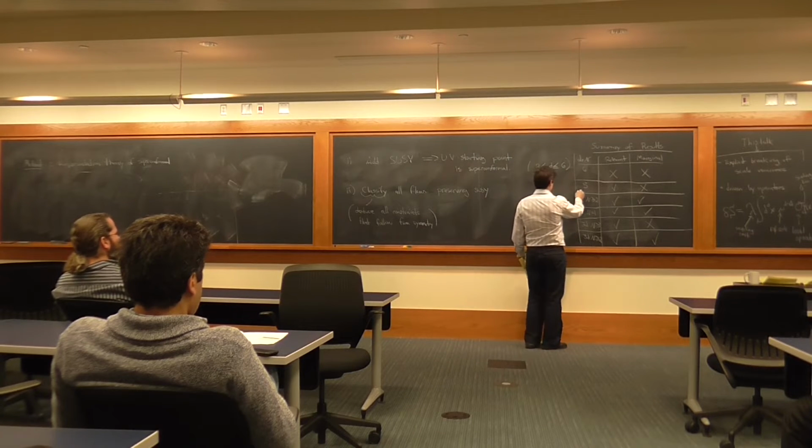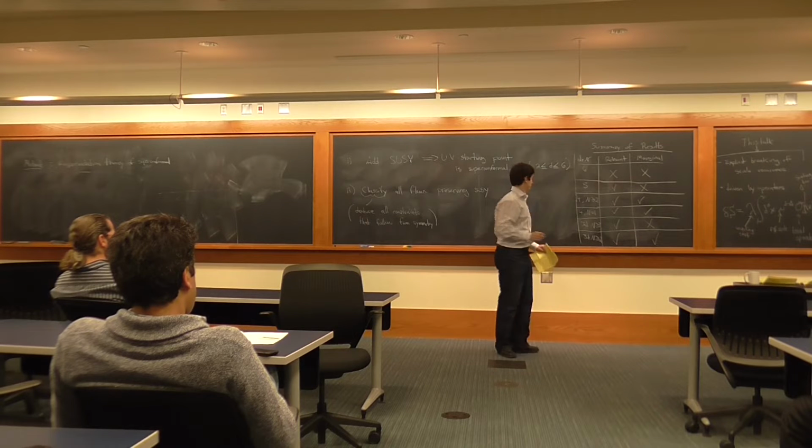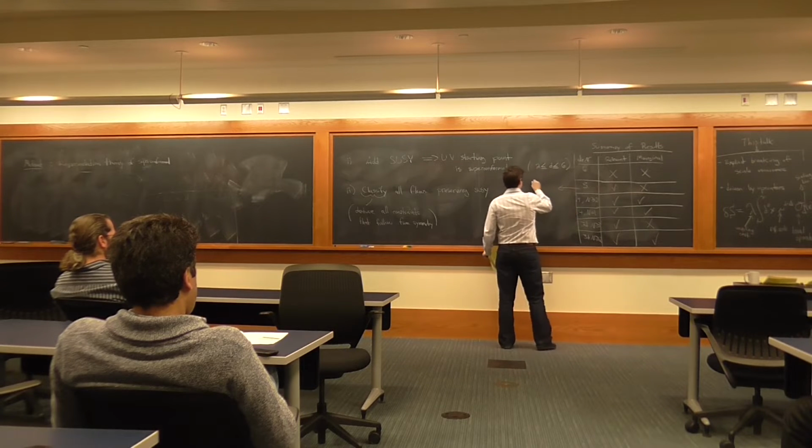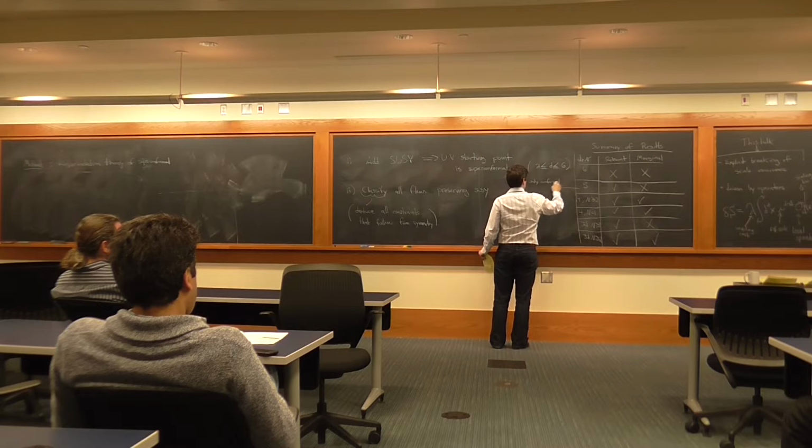The minimal amount of supercharges, even for a non-conformal group in 5 dimensions, is 8 total real supercharges. That's the minimal that it could be. In this case, the only conformal group has 8 Q's and 8 S's.